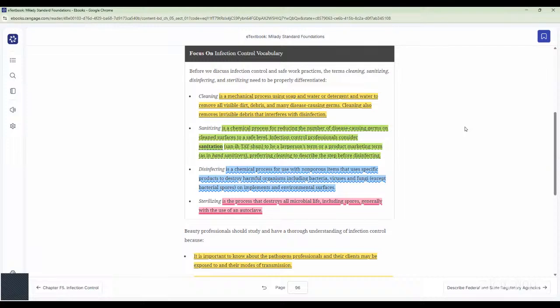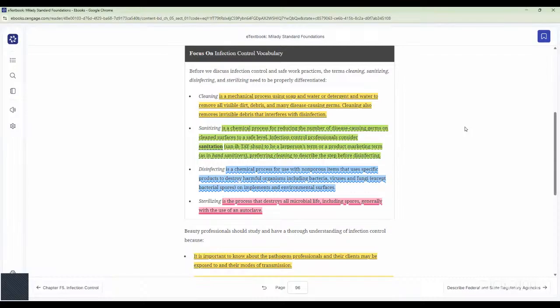Disinfecting. Chemical process for use with non-porous items. When I say non-porous items, we are talking about items that do not absorb moisture: countertops, floors, bathroom, appliances, showers, refrigerators. Okay, your stations. It does not absorb moisture. All right, that's disinfecting.